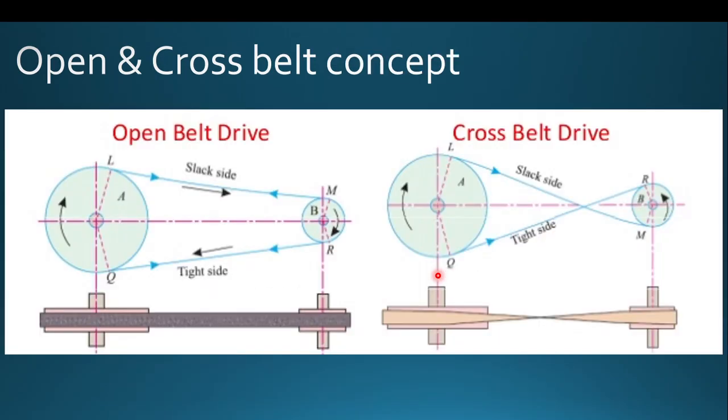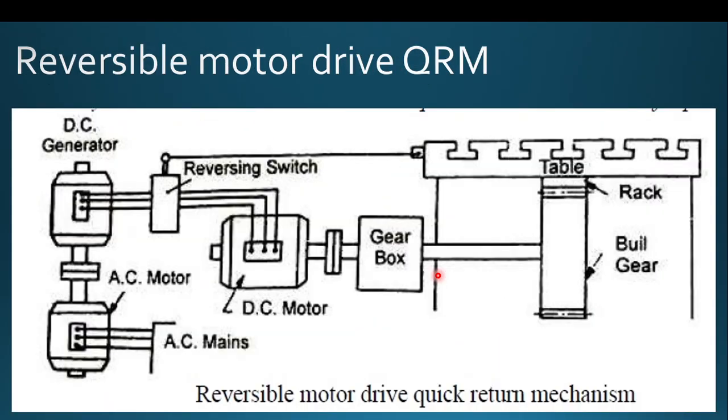In the same way, we use the reversible motor drive quick return mechanism also. It is not a complicated one. Simply by using a multiple speed or variable speed motor, we obtain the rotation reversing and power reducing of the motor. During the forward stroke, the motor moves at very low speed and high power.